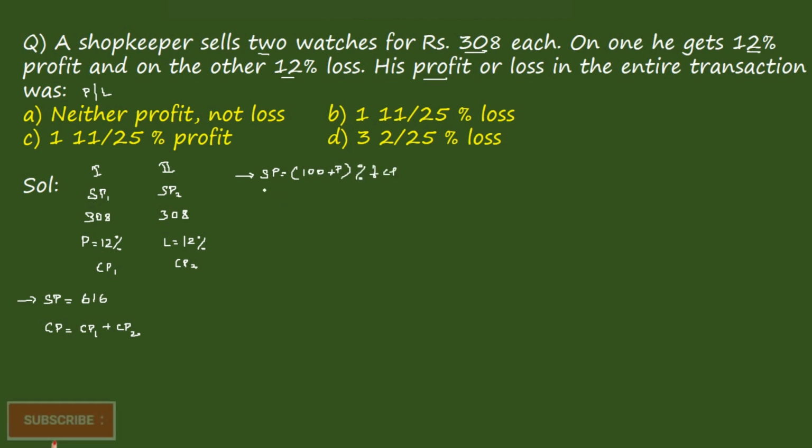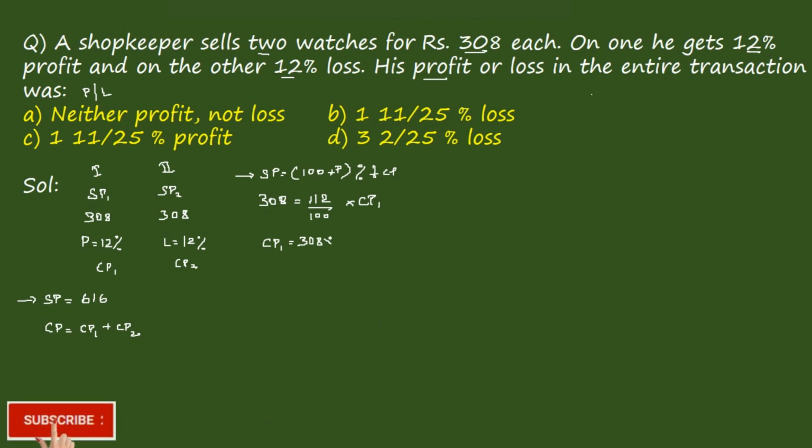So selling price is given as 308, which is equal to, here 12 is the profit, so it becomes 112 by 100 into cost price 1. Just substitute the values, then we get cost price 1.